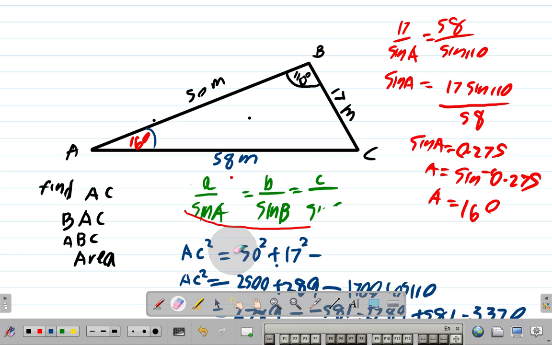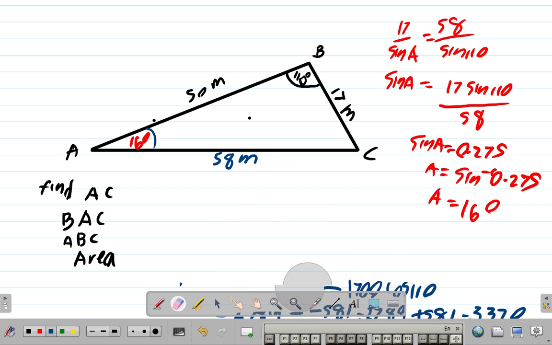Now to get the third angle here, we can just say that 110 plus 16 plus angle C is 180.